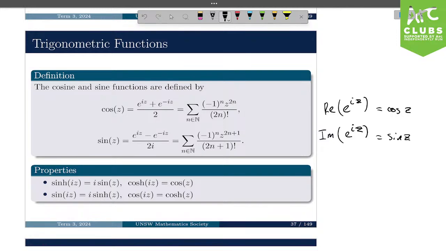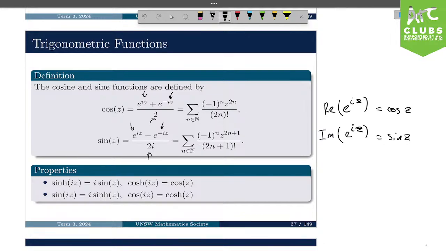And that means that if you add e to the I z to its own conjugate and then divide by 2, you'll just get out its real component, cosine z. And with sine z, if you subtract the conjugate of e to the iz from e to the iz and then divide by 2I, you're going to get its imaginary component, which is sine of z, right?